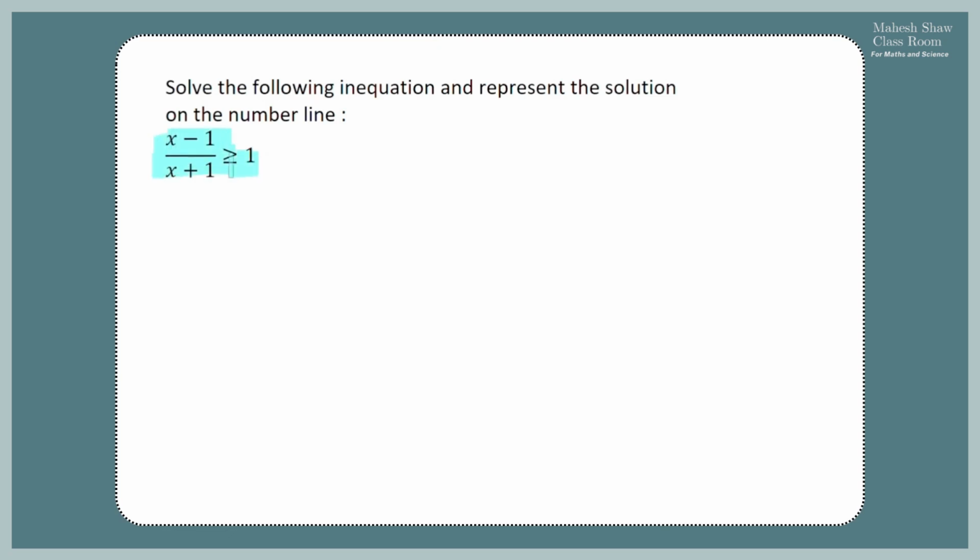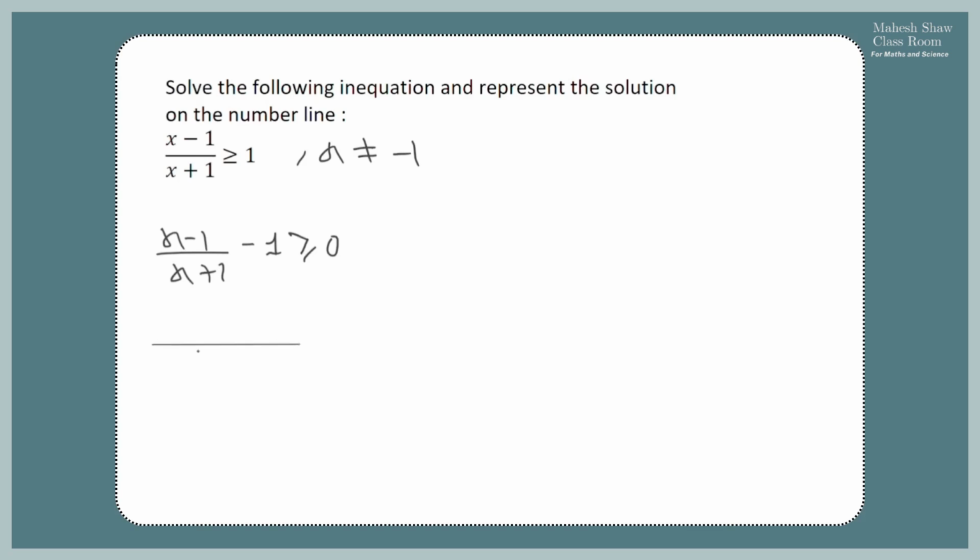In the next part, we have to solve this inequation. Now, this is x minus 1 over x plus 1 greater than or equal to 1. And we know that this cannot be 0, which implies x cannot be minus 1. First, we are going to simplify this by transposing the 1 to the left hand side, so it's minus 1 greater than or equal to 0.